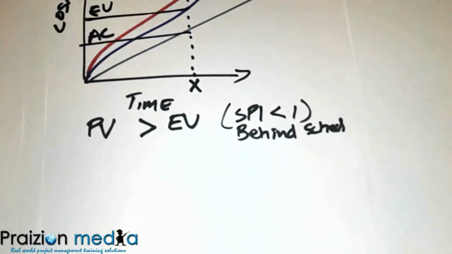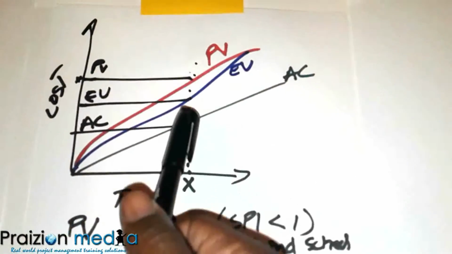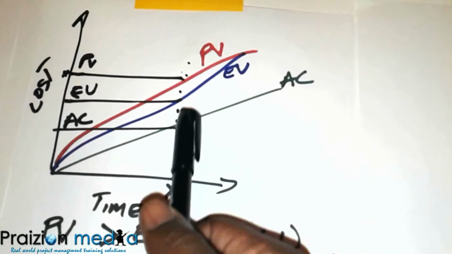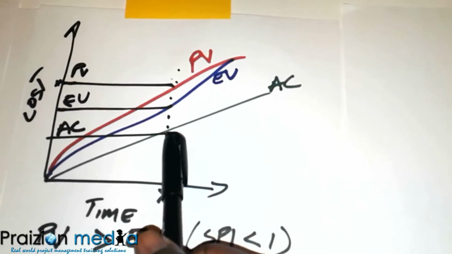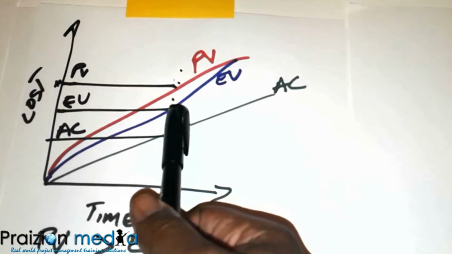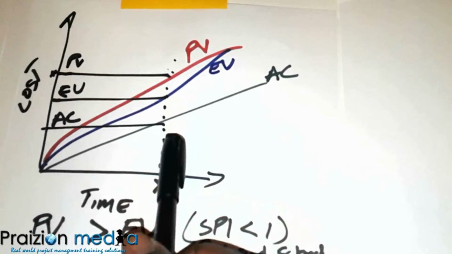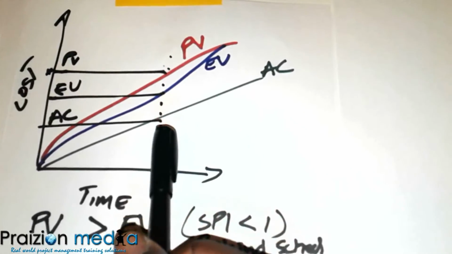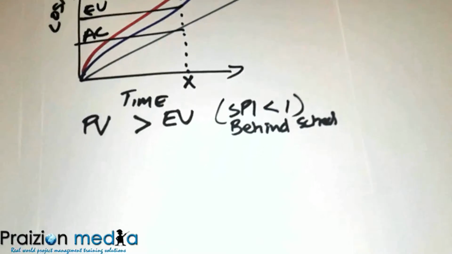Think about it also from a cost performance. If you take a look at this, you can see my earned value is higher than my actual cost. What I accomplished is more than what I spent. I got more than what I spent. Is that good or bad? You got more out of what you spent, so this is actually good cost performance.